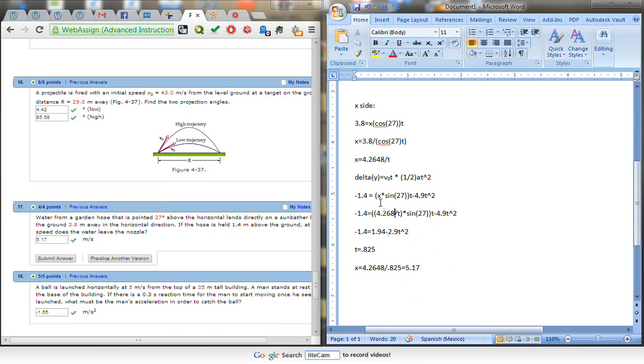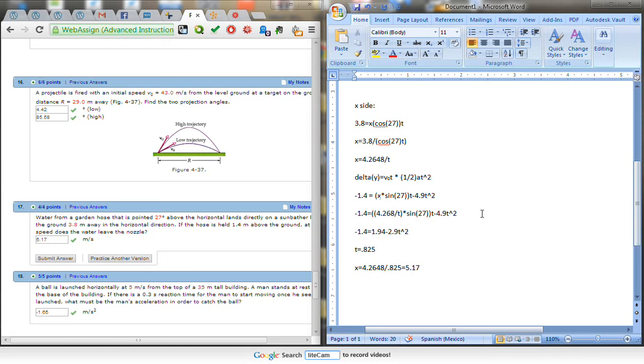Now, here's the thing. You do not know x, as you have not found out x yet. But you have figured out x as a function of time in the previous part of the question. So you can plug that in for x, therefore eliminating the variable and making the only variable in this function time. You just basically plug in 4.2648 over t for x here.